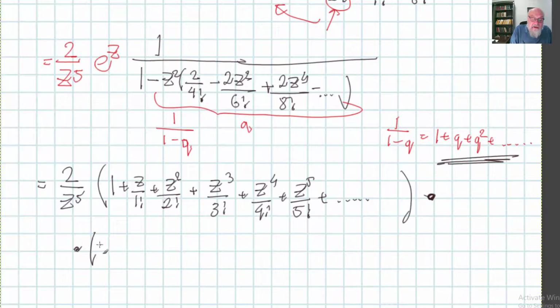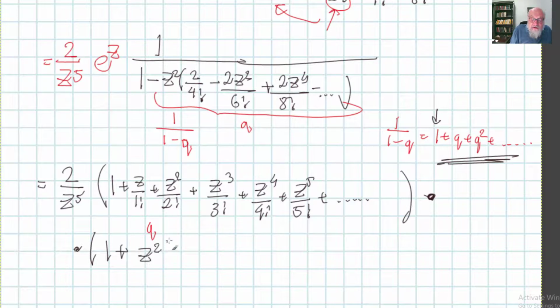So this is my q, so that becomes 1 plus, and now q is this one, so what is going to be?